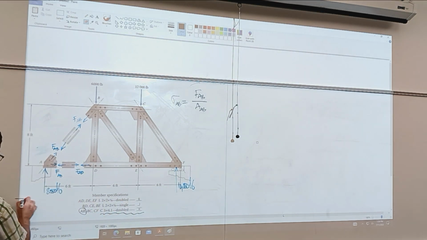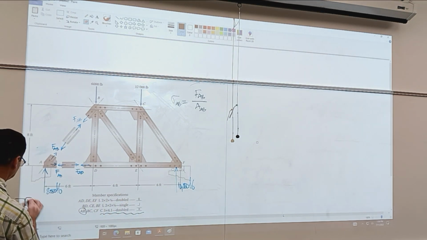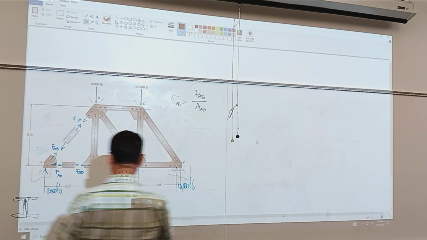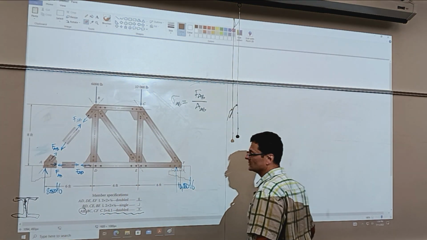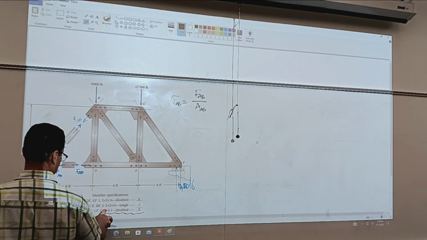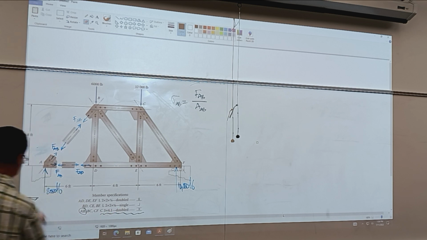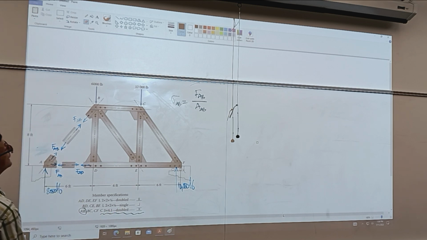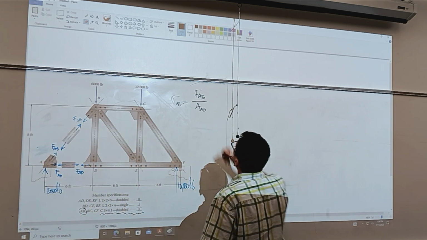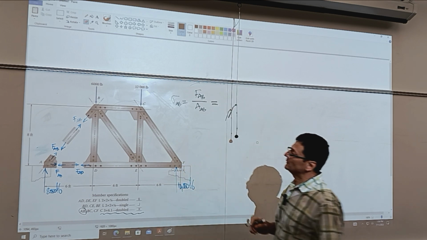You weld two C channels, and it gets you a fabricated I-beam. You can look up at the back of the appendix the cross-sectional area of one, multiplied by 2, and we can calculate the area of AB.